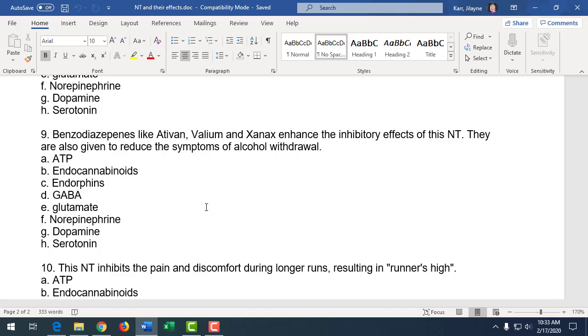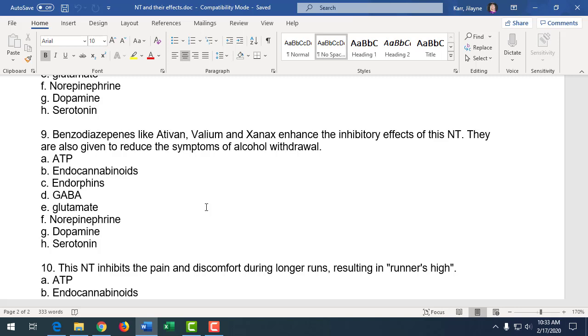Did you find it? Oh, yeah. Yep, thank you. GABA. Oh, I've already put there, we use it to reduce the symptoms of alcohol withdrawal. Number 9 is GABA, and the caffeine was adenosine.